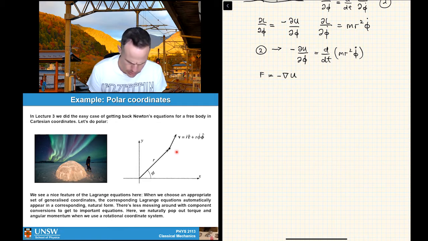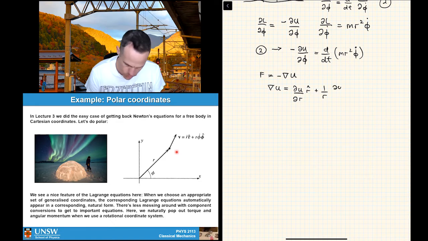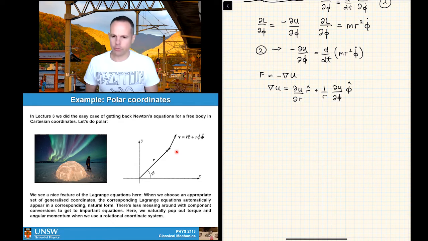And if we do this in spherical or polar coordinates, what we know from our maths lectures is we get dU/dr r hat plus 1/r dU/dφ φ hat. Okay, if you don't remember that expression, go back and look up your maths calculus lectures. You must have derived this somewhere in there. I remember doing it several times in undergrad.